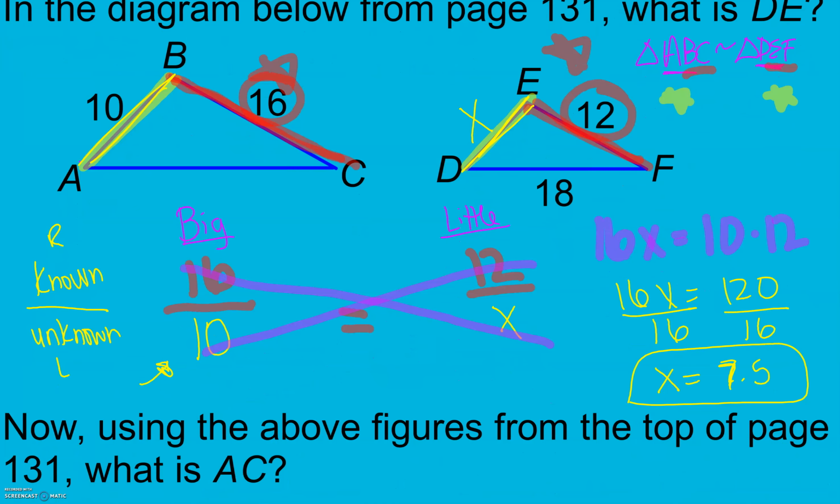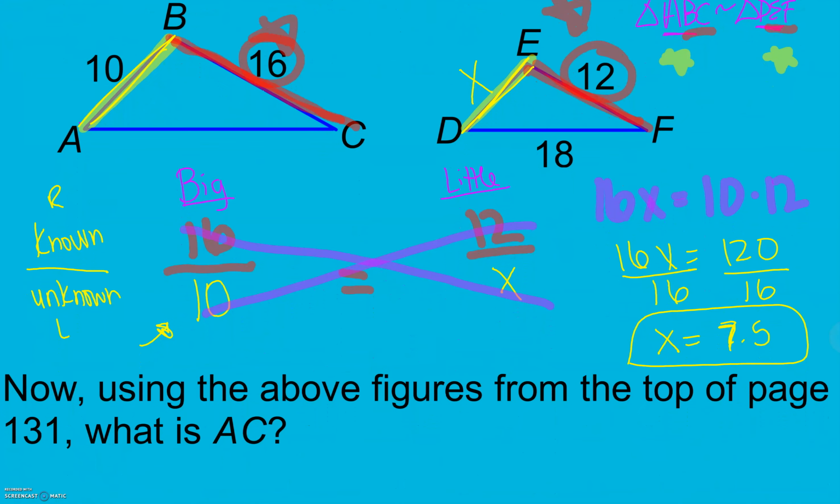Now, feel free to pause here and give this a try if you'd like. Using those same triangles from above, we want to know what is AC. So here, I'm looking for AC, and I compare that to DF, the bottom on both of them. AC and DF are corresponding from the way that they labeled their triangles.